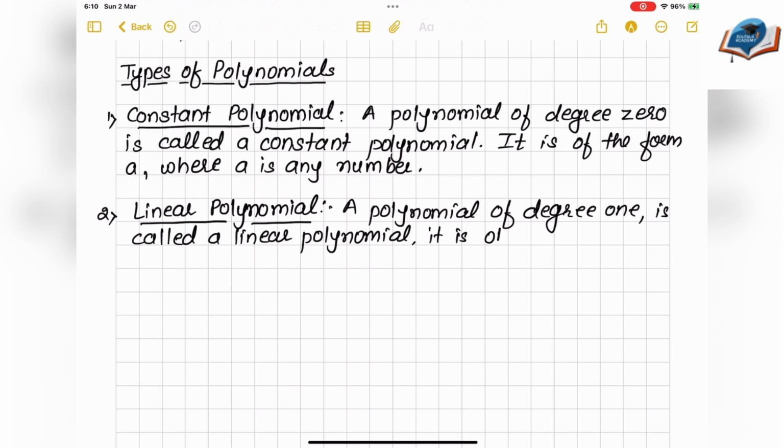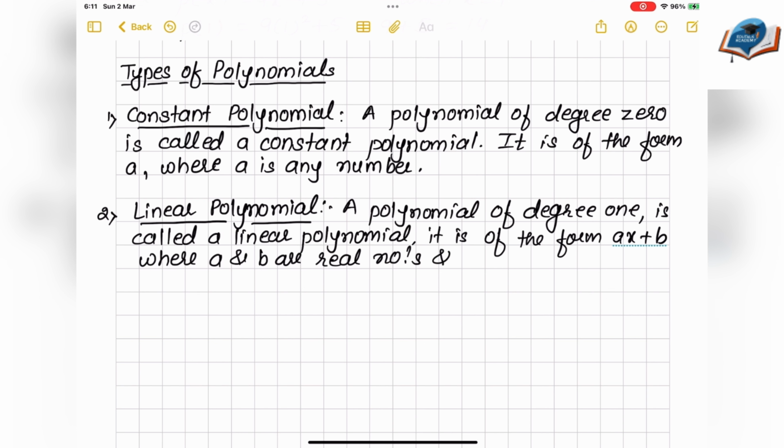It is of the form ax plus b, where a and b are real numbers and a is not equal to 0.